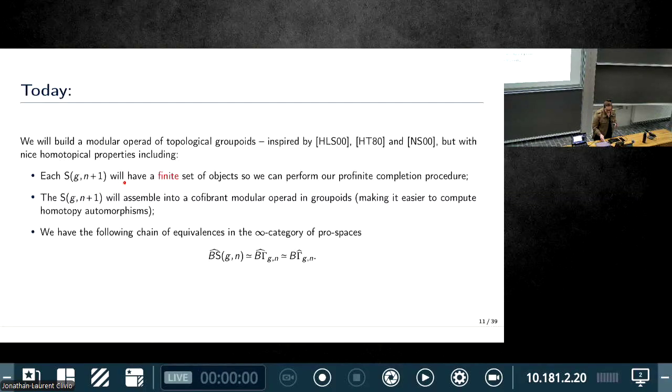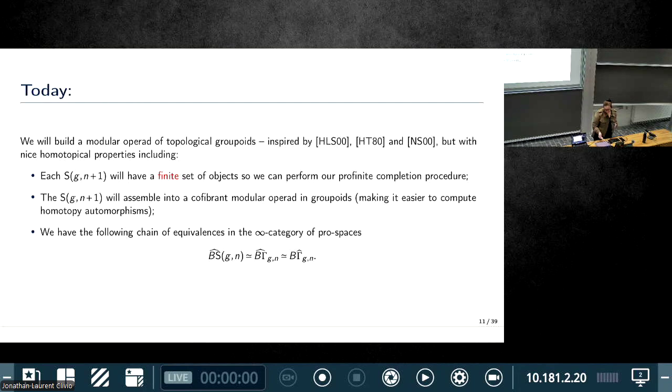In particular, I need them to have a finite set of objects. We build a groupoid that models surfaces of genus g with n+1 boundaries. But I need a finite set of objects, as we saw with our profinite completion procedure.